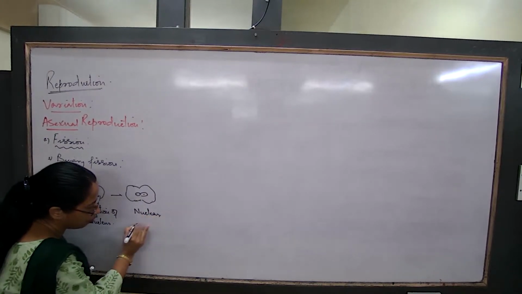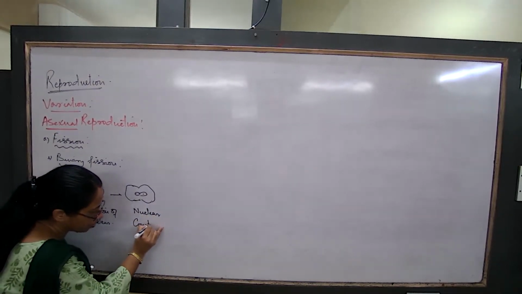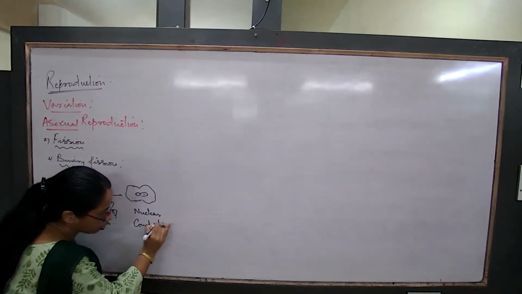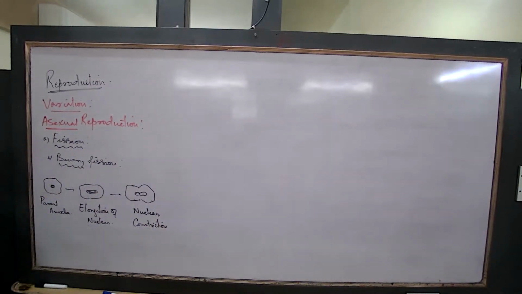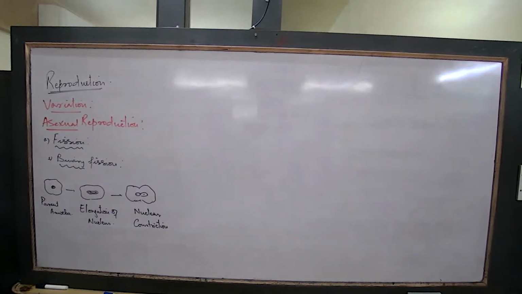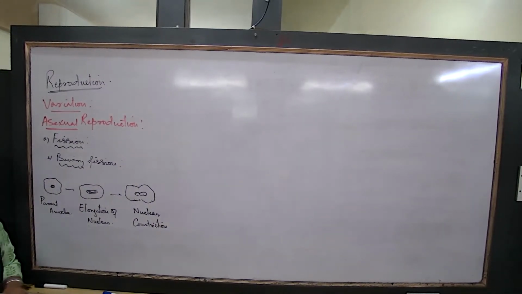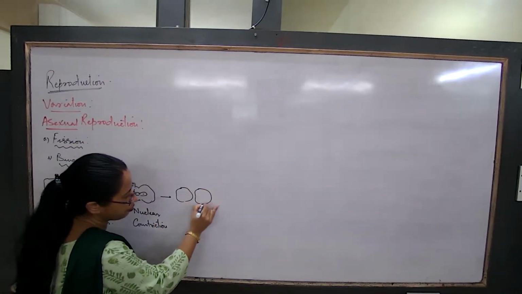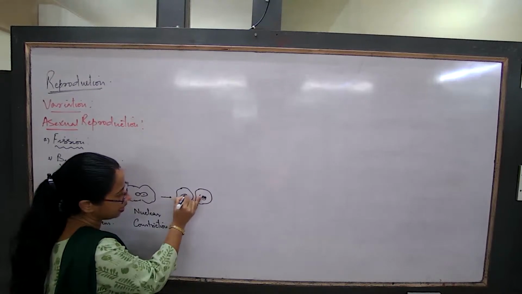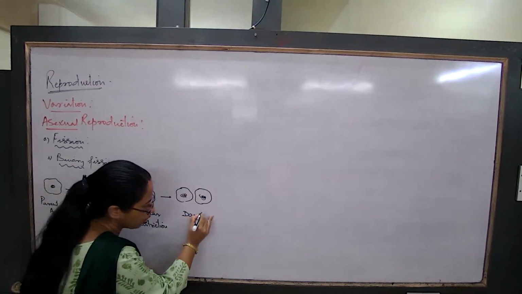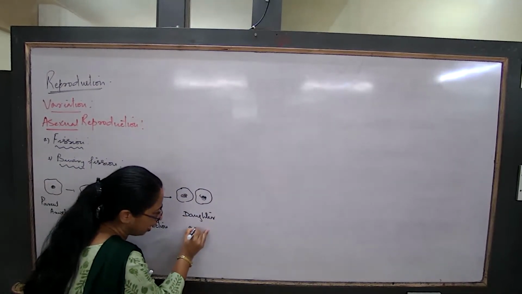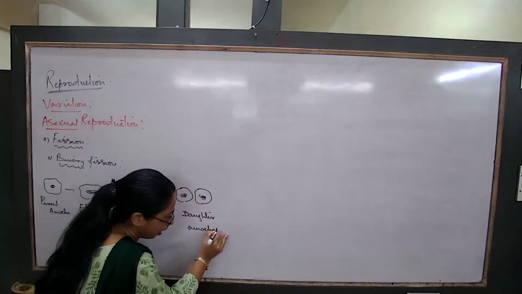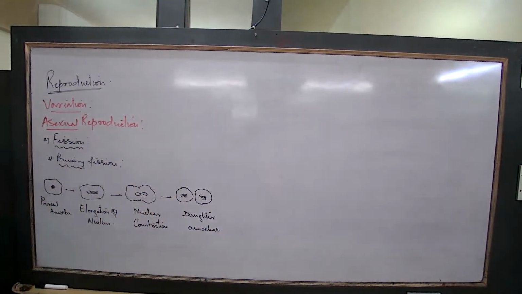How many times is the nucleus dividing? Just once. The nucleus is dividing once. And then this would result in the development of 2 daughter cells, the daughter organisms.